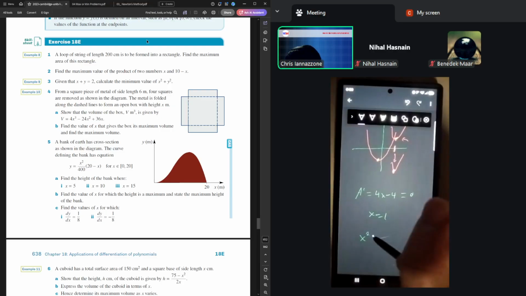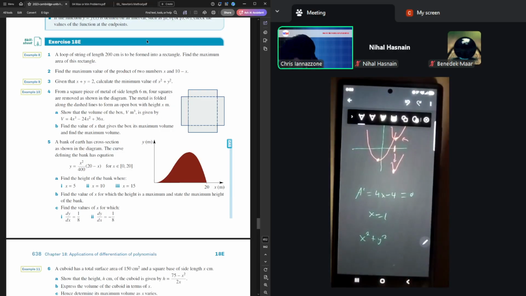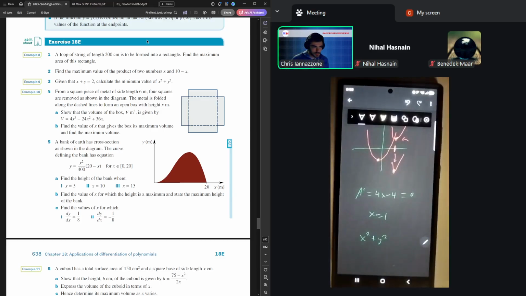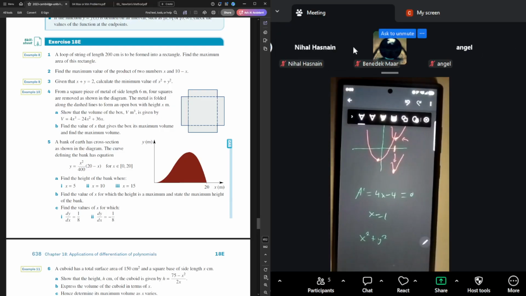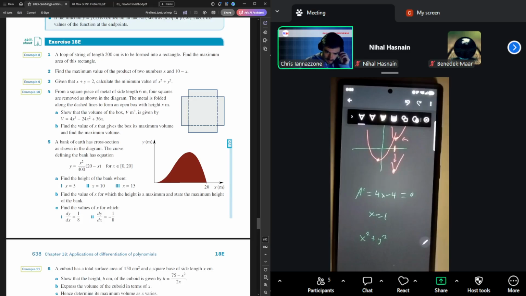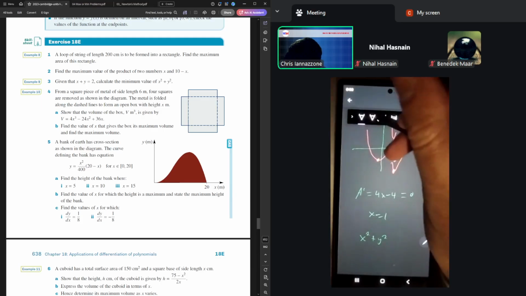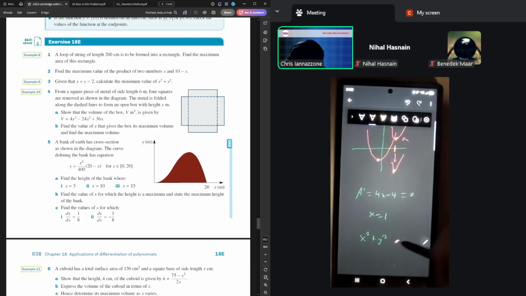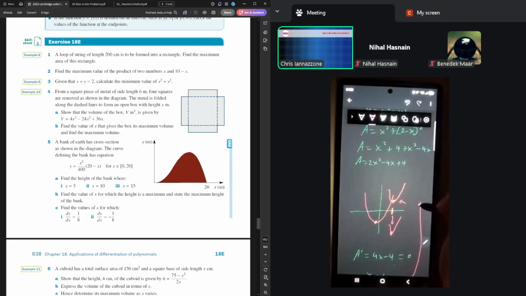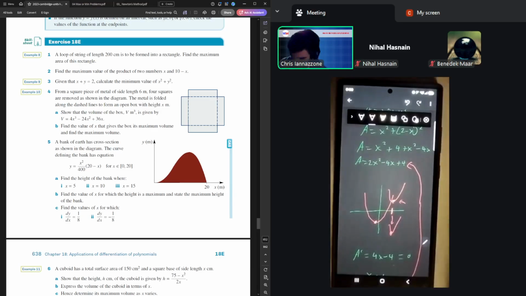So remember, we're trying to minimize the equation x squared plus y squared. How are we going to tie this all together? As a reminder, x squared plus y squared is also this.